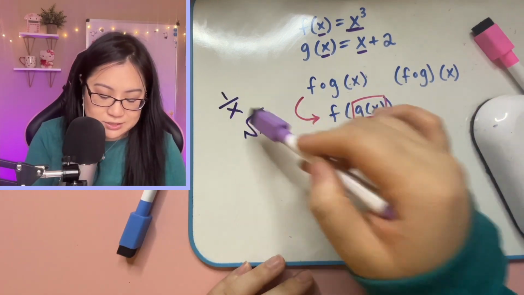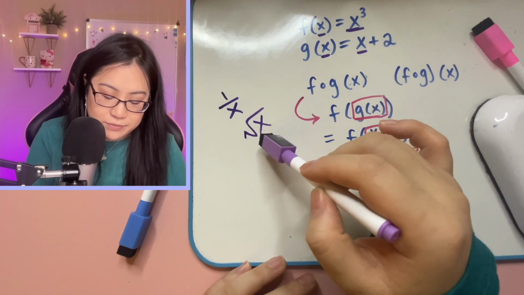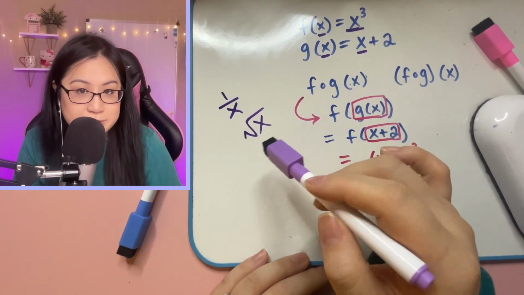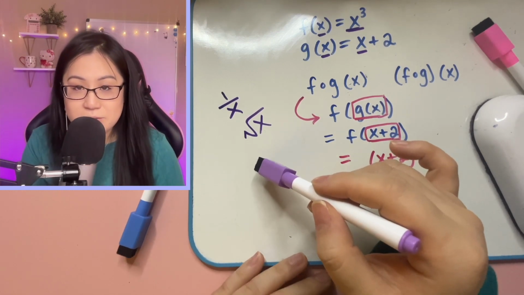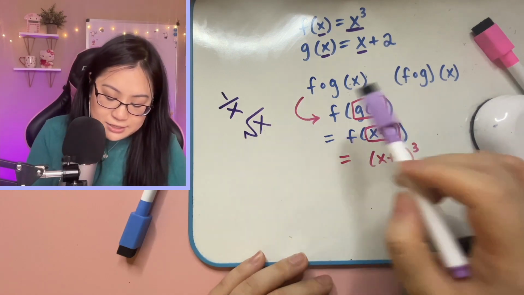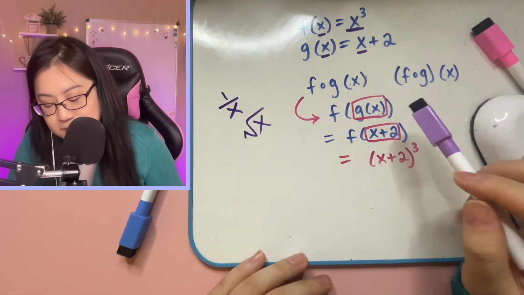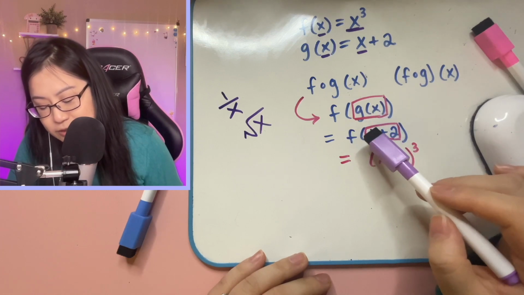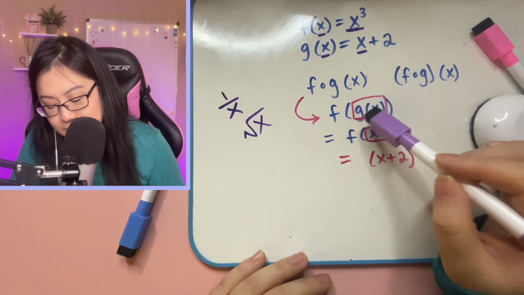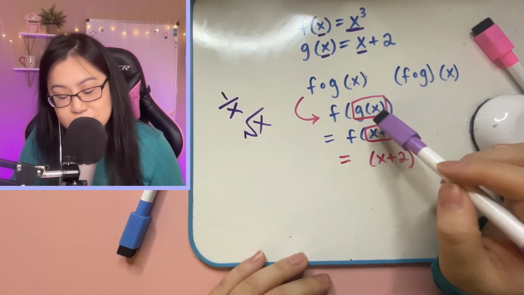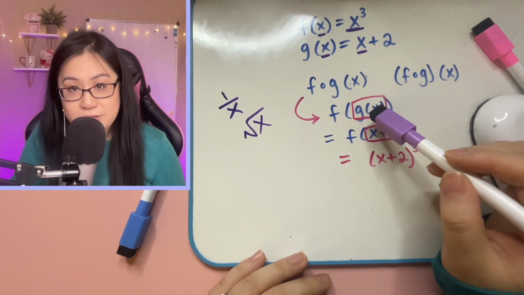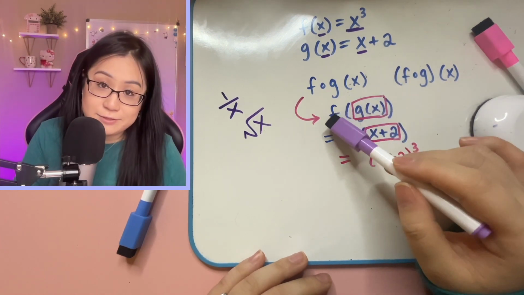For these cases it's pretty clear, but sometimes we have trig functions or other types of functions that we need to think about. What are possible inputs and what are possible outputs? And in this context specifically, notice that the range of g of x, which is the possible set of outputs, needs to fit within the domain of f of x.